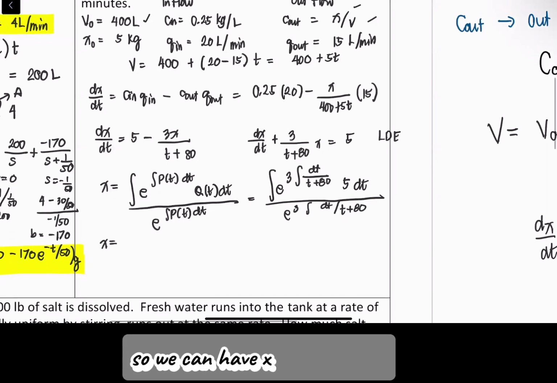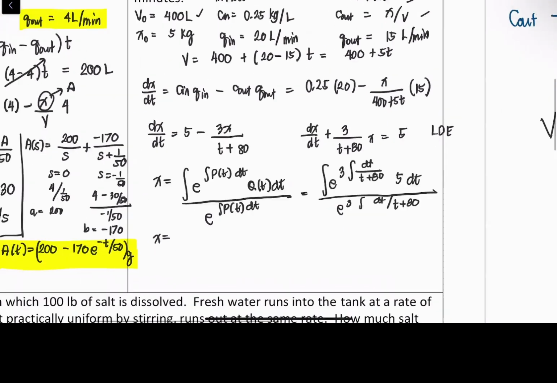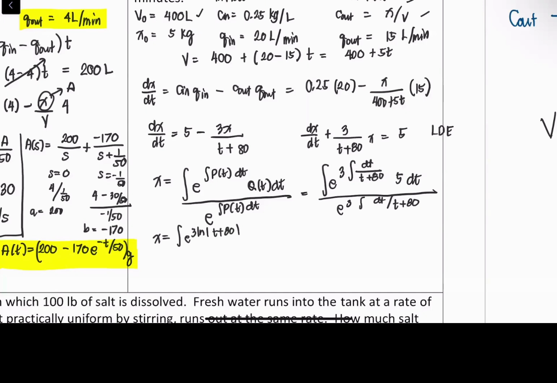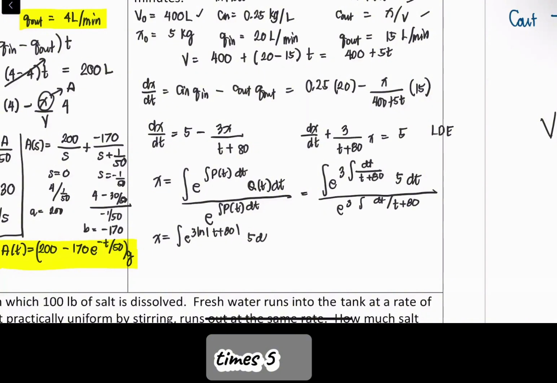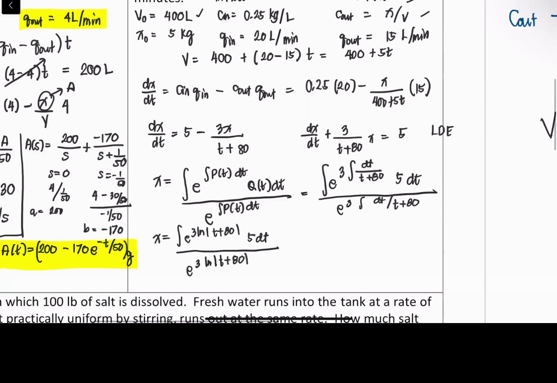So we can have x to be equal to the integral of e to the 3 ln of t plus 80 times 5 dt all over e to the 3 ln of t plus 80.